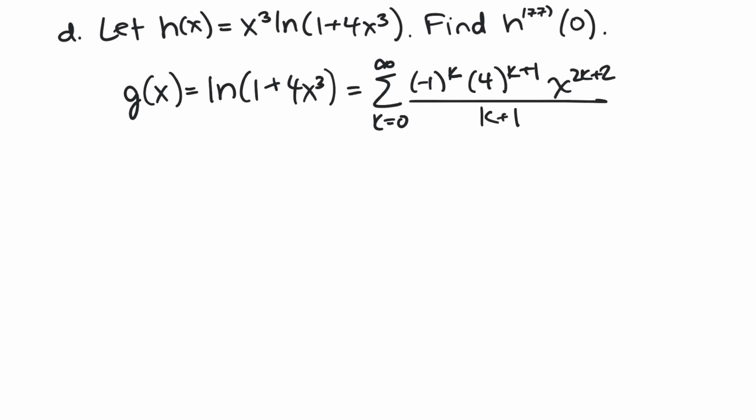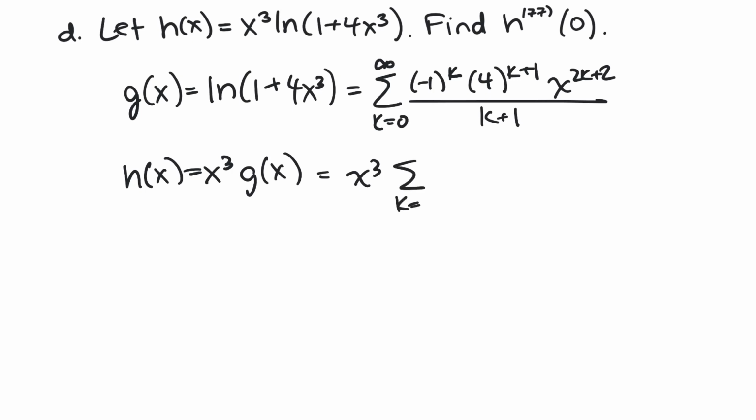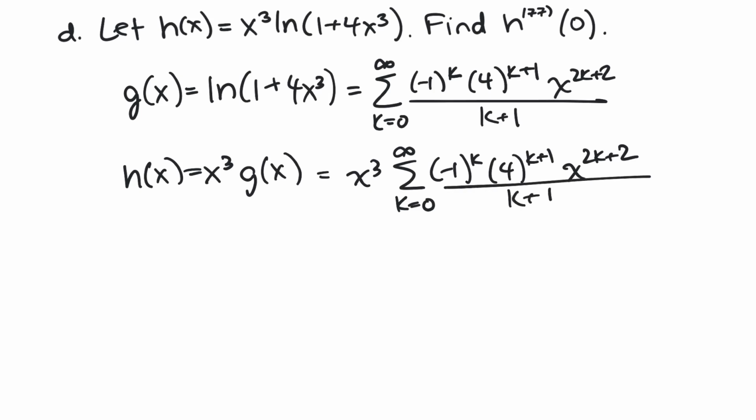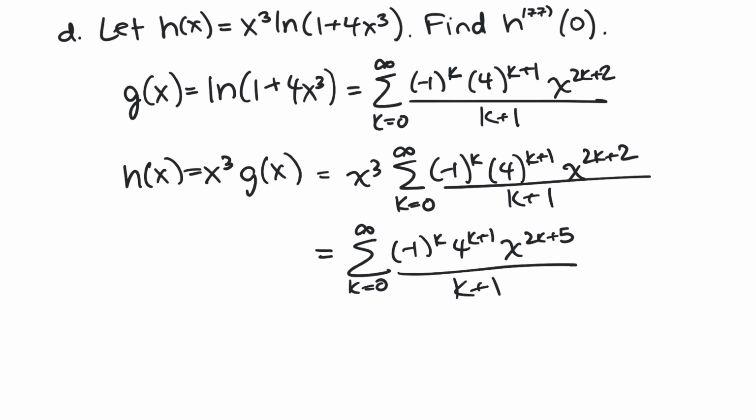So we notice that h of x is x cubed times g of x, so it will be x cubed times that sum. Distributing through that x cubed, we'll get the sum k goes from 0 to infinity, negative 1 to the k, 4 to the k plus 1, x to the 2k plus 5, because we have 3 more x's, over k plus 1.